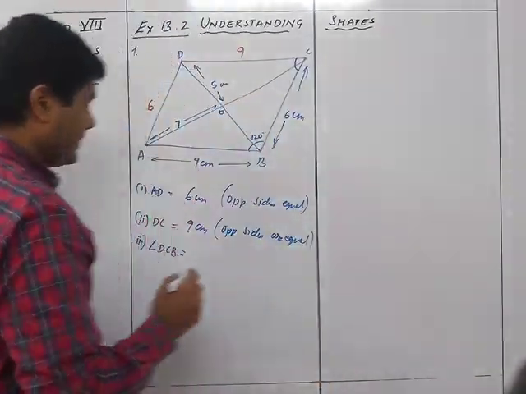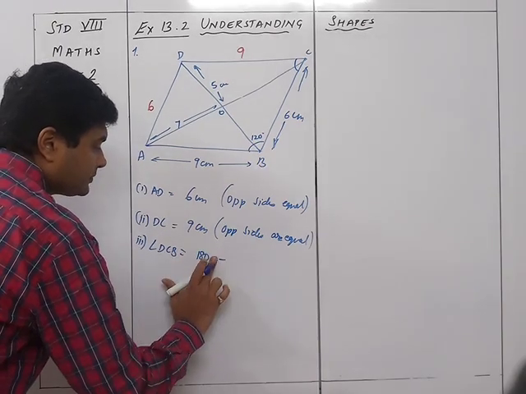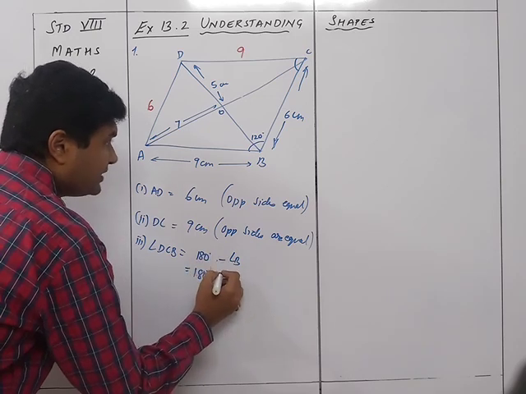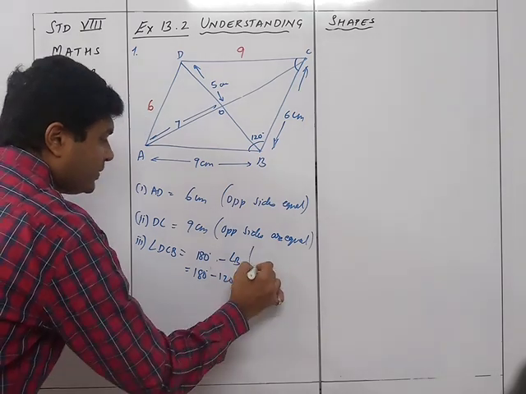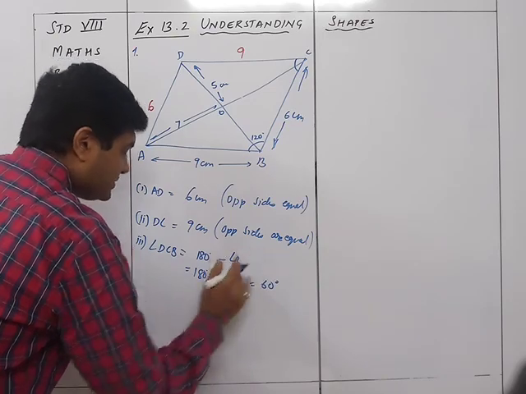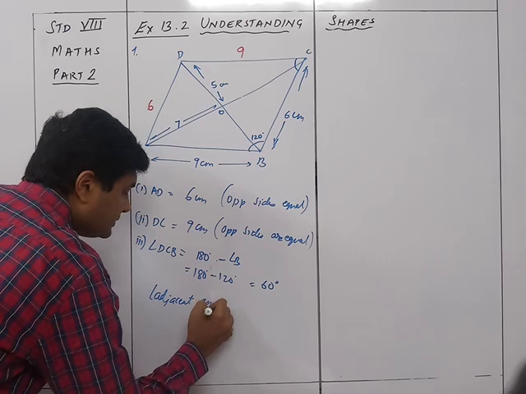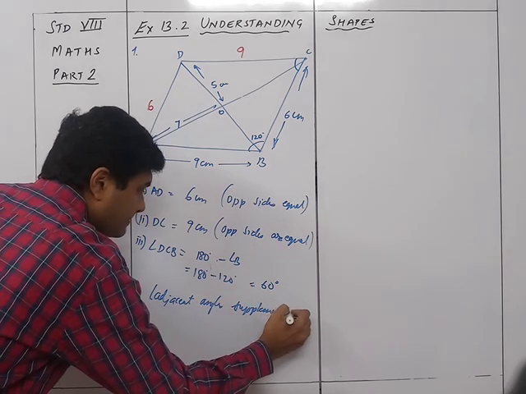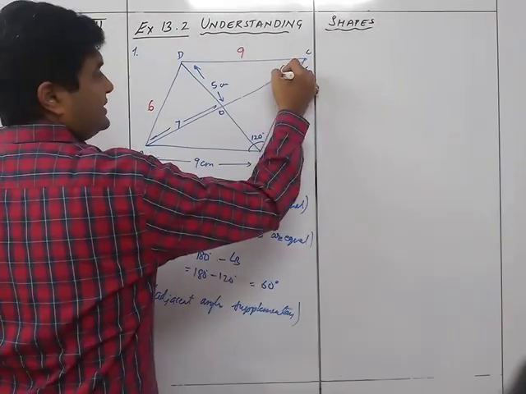So we have it over here: 180 minus angle B is equal to 180 degrees minus 120 degrees is equal to 60 degrees, and the reason will be adjacent angles supplementary. Okay, so this is 60 degrees.